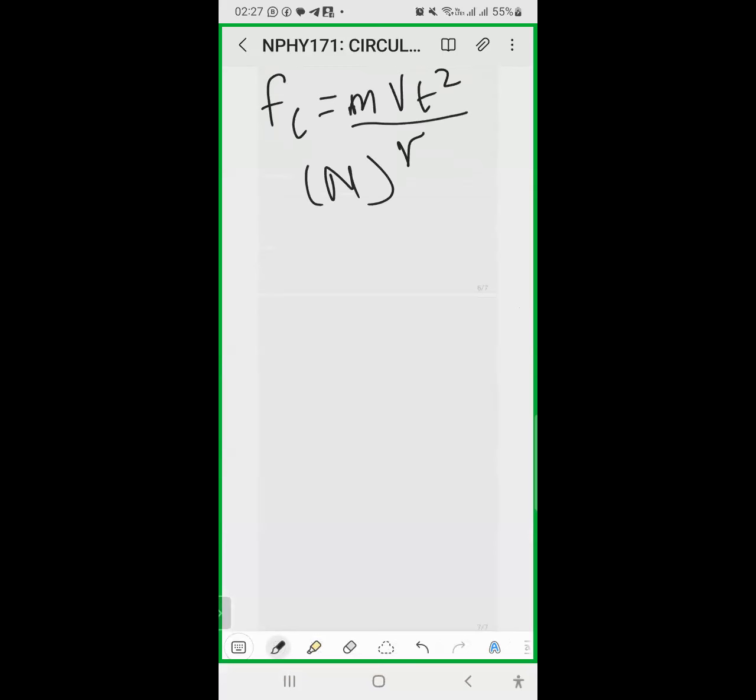Mathematically, the gravitational force is equal to the gravitational constant G, multiplied by the mass of one object, multiplied by the mass of another object, divided by r squared. Mass m1 is in most cases the Earth's mass, m2 is the mass of an object, and r is the distance between the Earth and that object. Okay, so it's the separation distance.